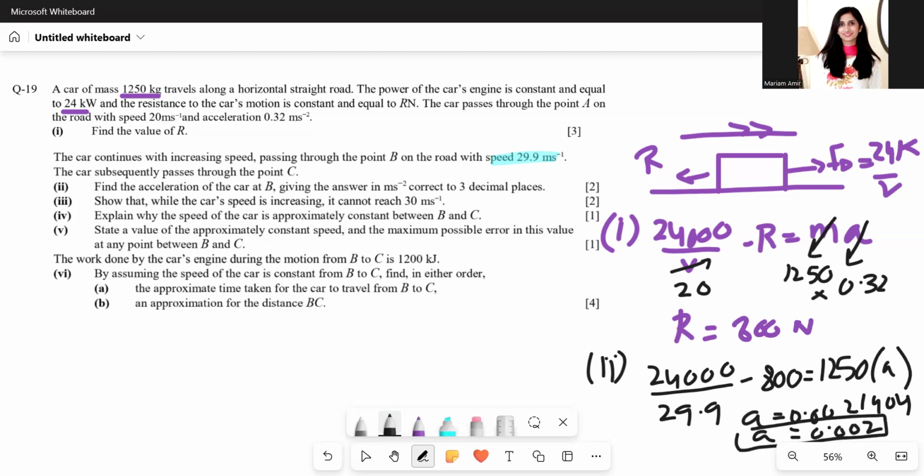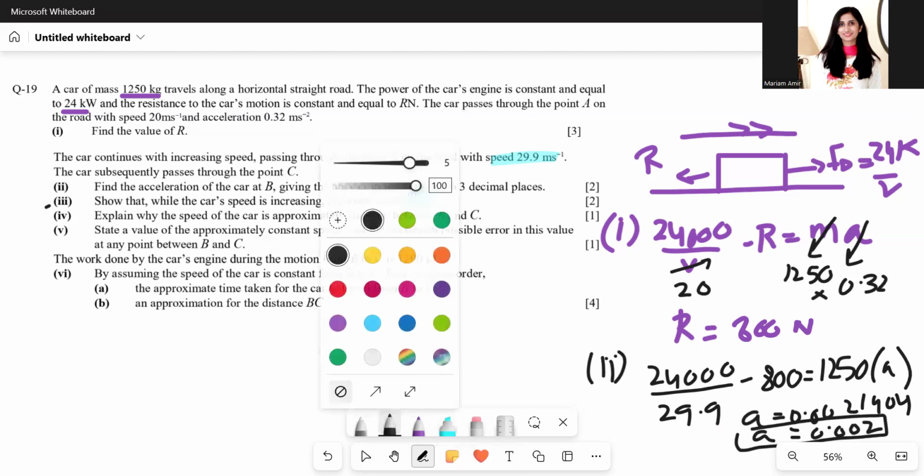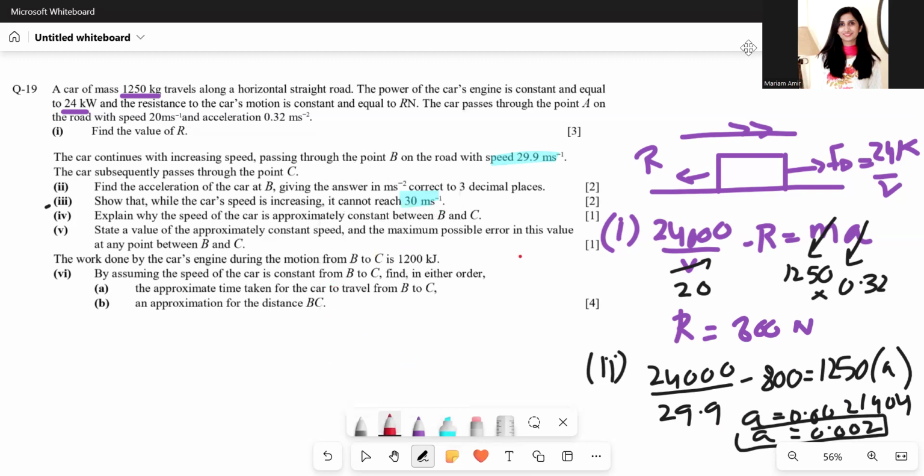Part 3 says show that while the car's speed is increasing, it cannot reach 30. Okay, that means the maximum speed has to be 30 or less. Let's find the maximum speed. At maximum speed, we know that the forward force is equal to the backward force.